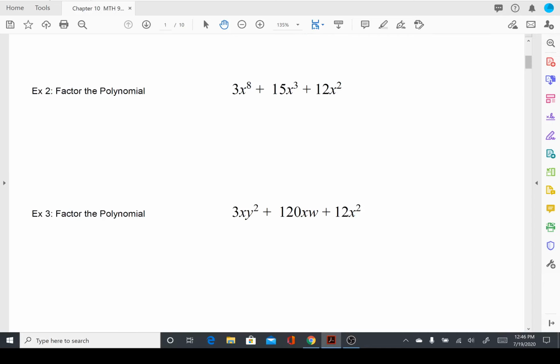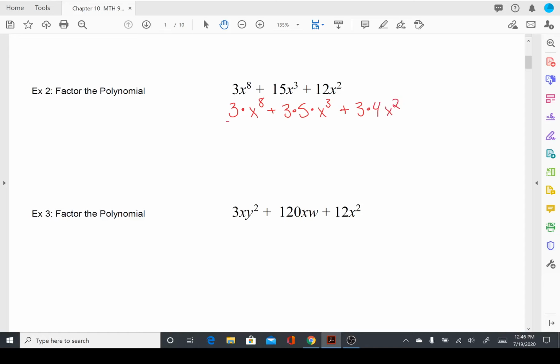So in this one, we have 3 times x to the 8th plus 3 times 5, x to the 3rd, plus 3 times, I'm going to keep it as 4, x squared.